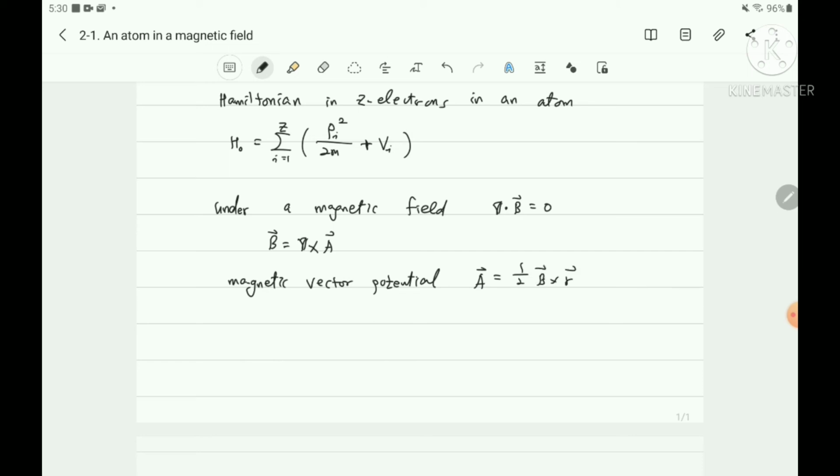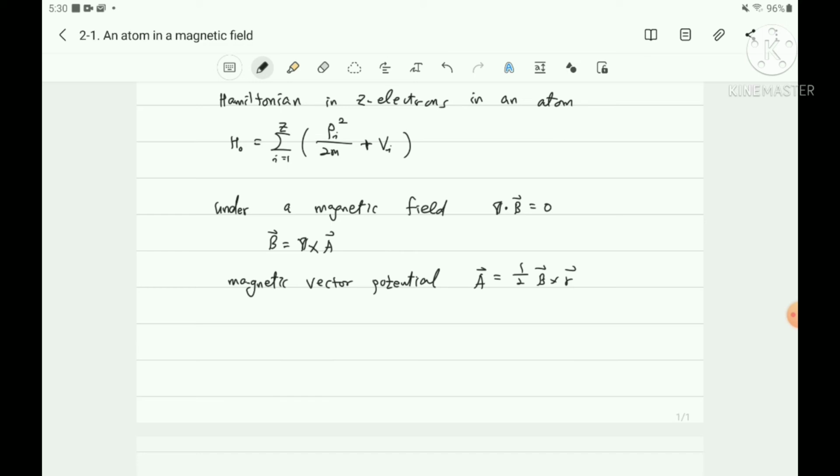I do not describe in detail why we use this vector potential, because if we choose it in this representation, it satisfies that the curl of A defines the magnetic field, and the divergence of the magnetic field is also 0, already satisfied.